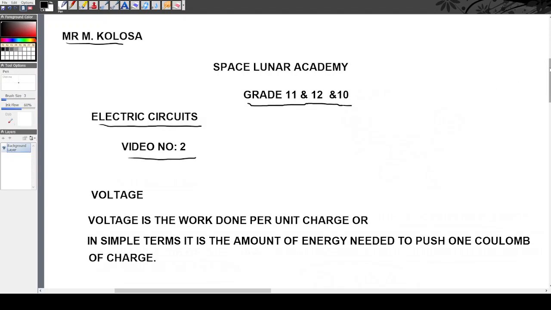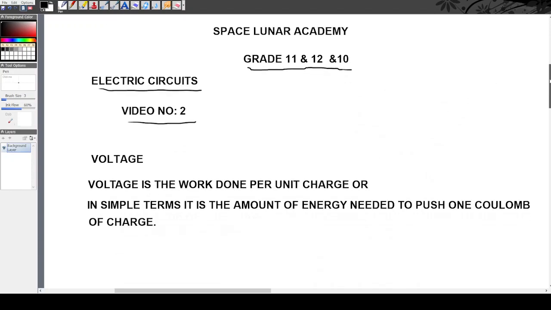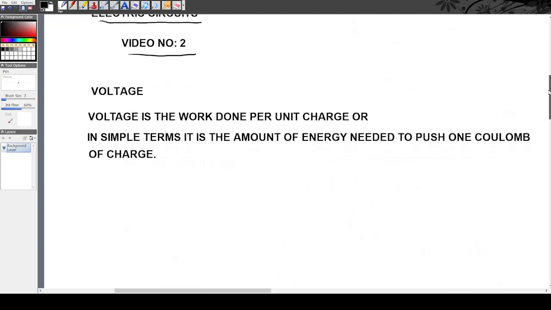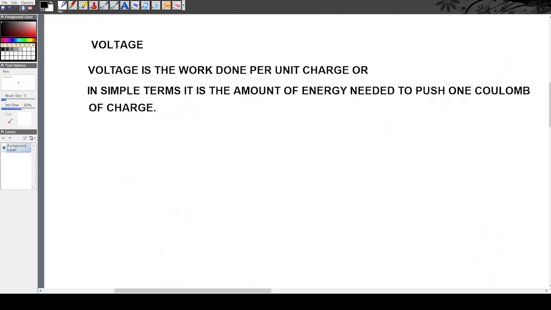Okay, we spoke in the previous video; in video number 2 I will be talking about voltage. What is voltage, and why do we need voltage? I think I will just give you a hint: when we talk about voltage, what are we talking about? I said previously that when you talk about voltage, you talk about the force that is needed to push an electron from one point to another point.